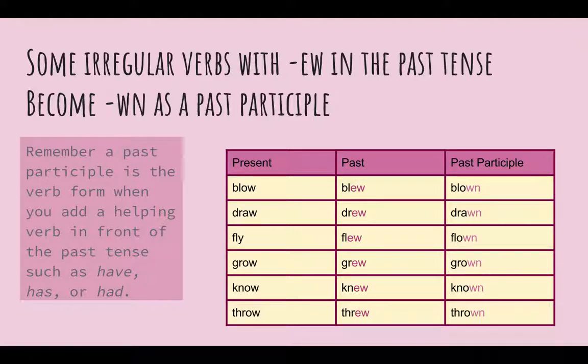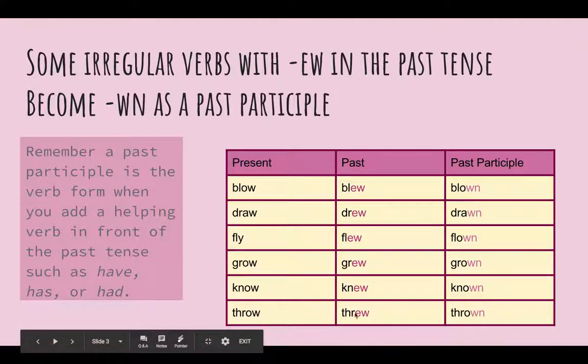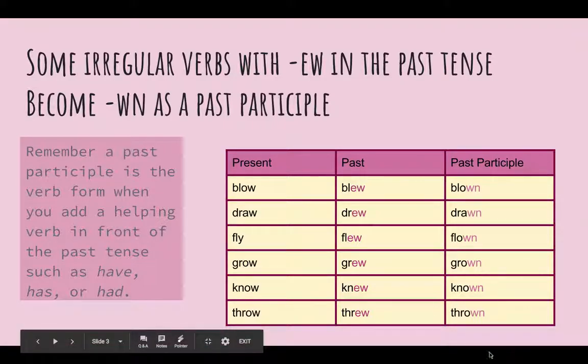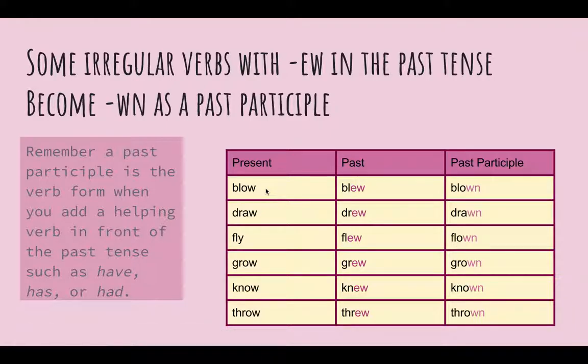So when we have a verb that gets an EW in the past tense, right here, then its past participle would get the WN. So like the wind blows in the summertime.